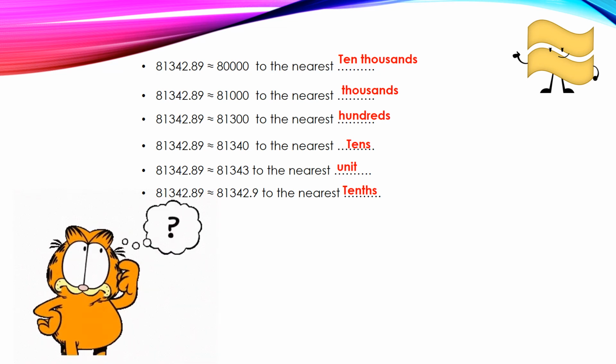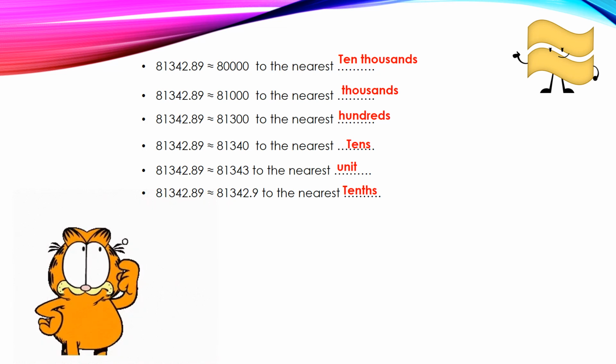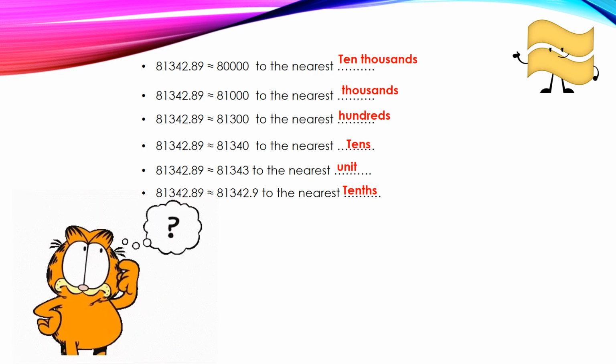A very, very important note. When he has already approximated the digit and gives me the approximated number directly, and he wants to know what place value it is nearest to, count the digits.